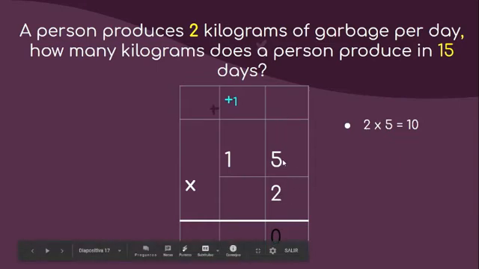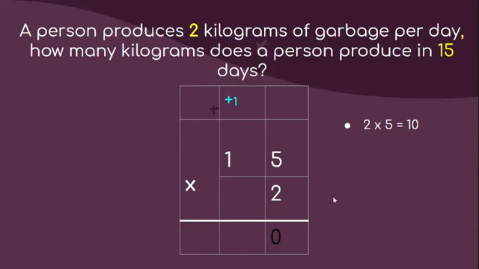So 2 times 5. And if you know, memorize, or if you're looking at your timetables, you know that 2 times 5 equals 10. We keep the 1 on the first column, and the 10 passes on to the next column.